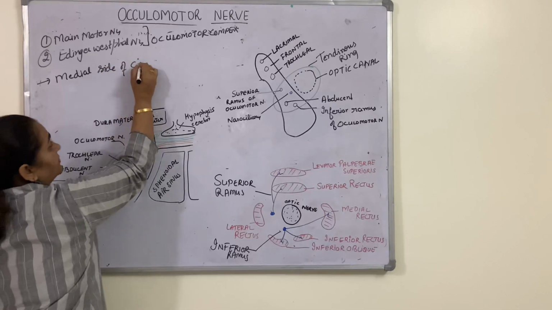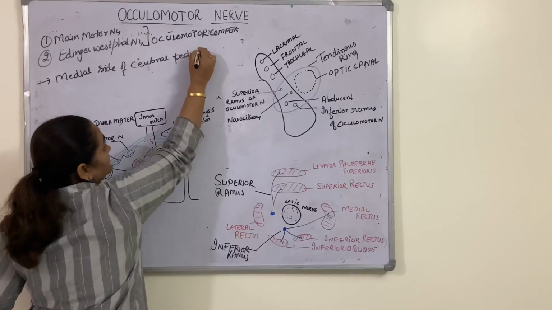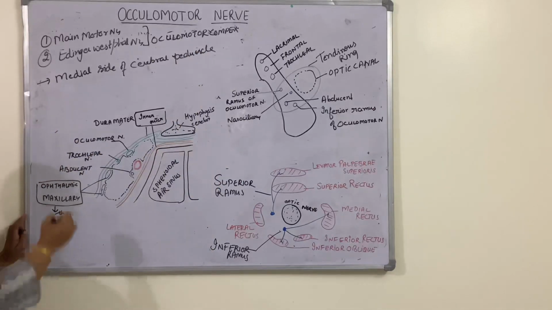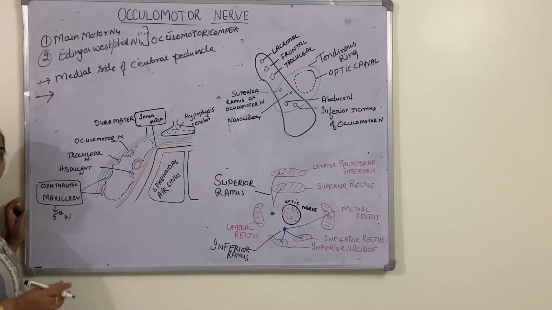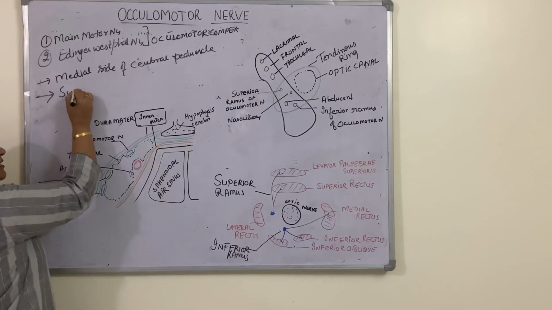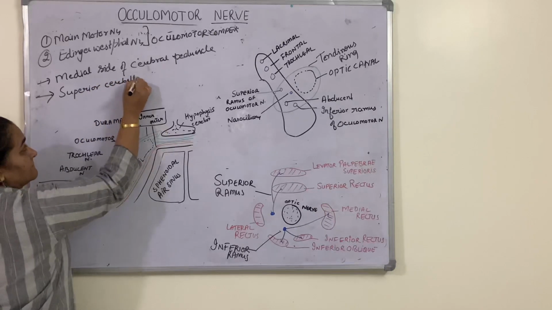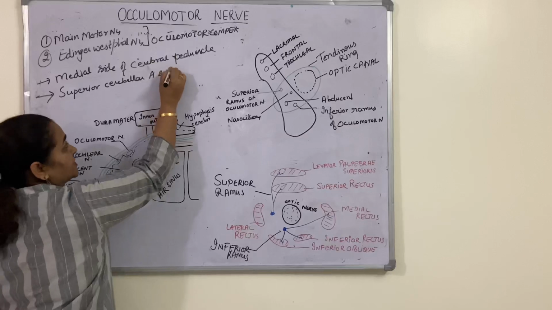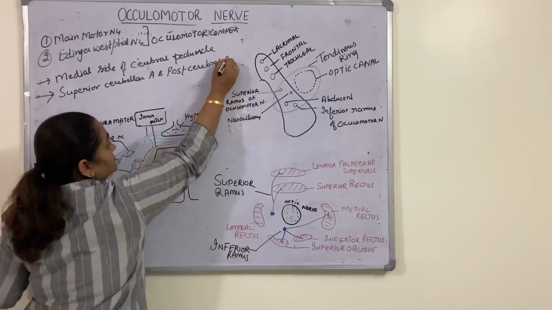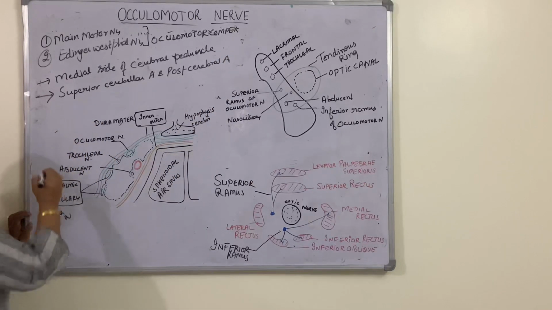Then, as the next step, after leaving the midbrain, this nerve lies between the superior cerebellar artery and the posterior cerebral artery. So this is the next place where it lies.